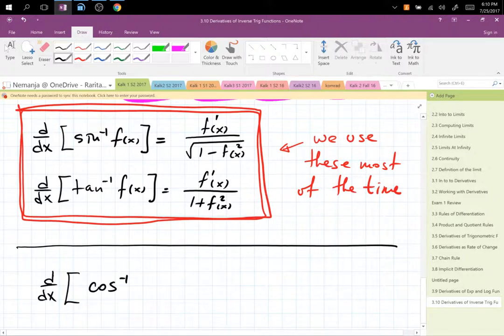So what is the derivative of cosine inverse of, let's say, x cubed?